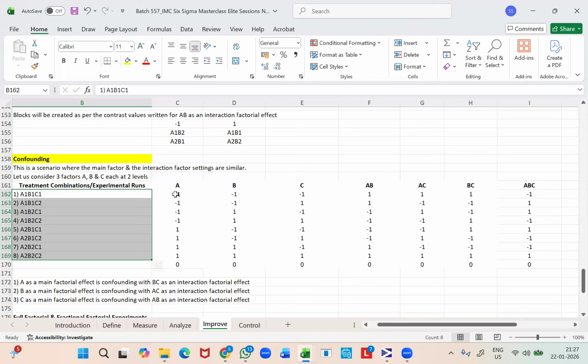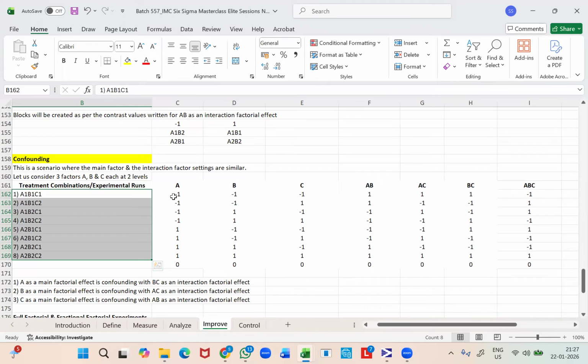Another important thing is that if you are validating the significance of the main factorial effects, that is more than sufficient. We will be able to replicate the same result for the corresponding two-way interaction factorial effect. So you can save lots of time, right? You don't have to really validate all these main factorial and two-way interaction factorial effects.